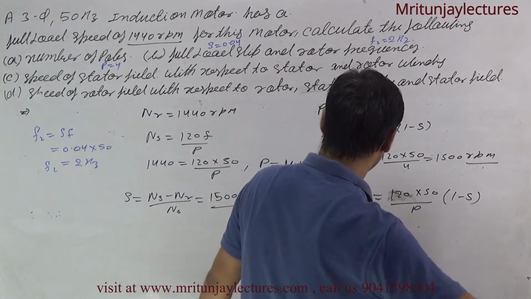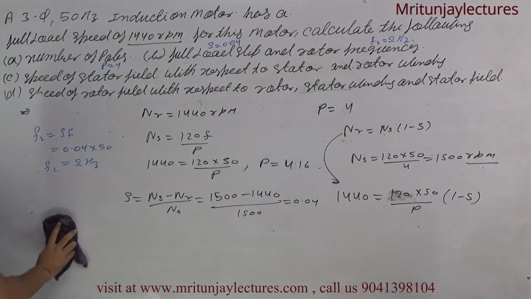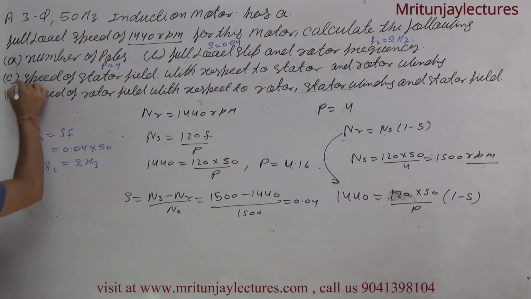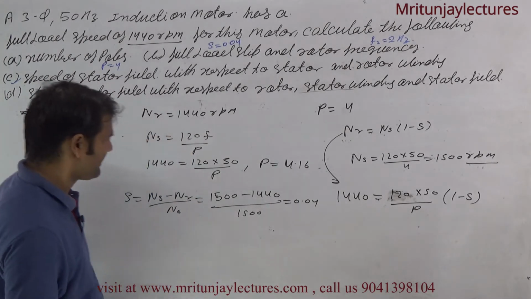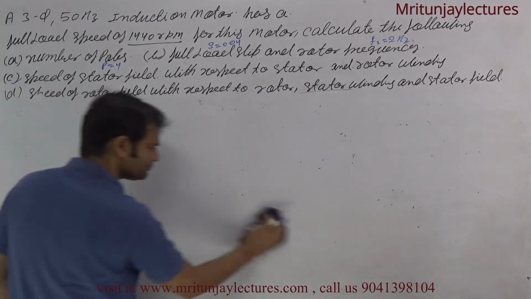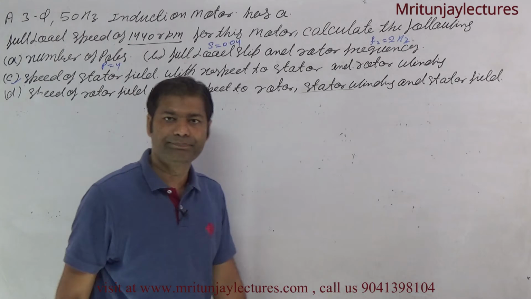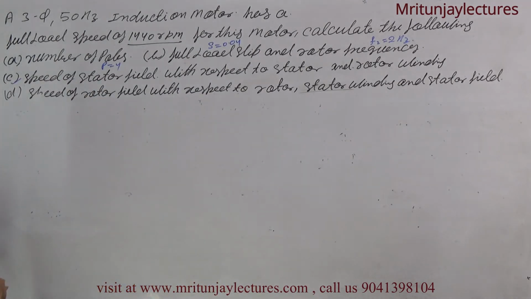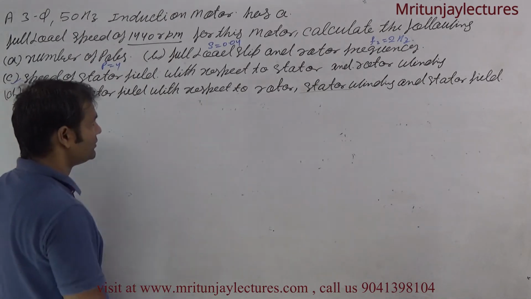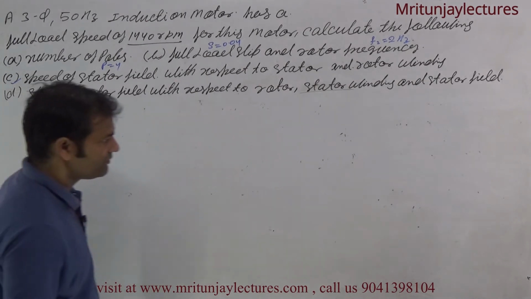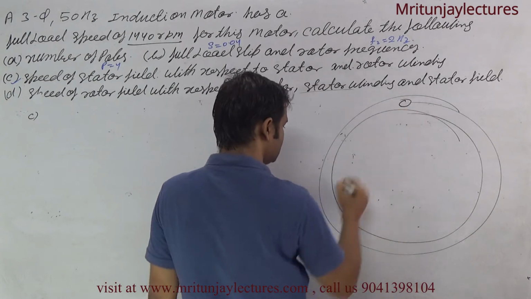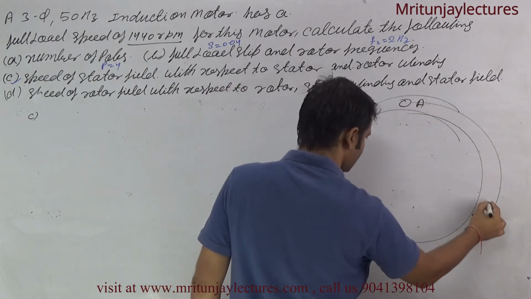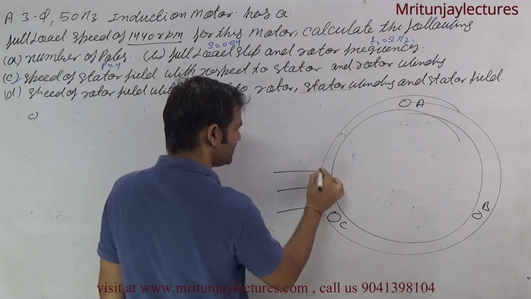Okay, now after that we have discussed the second part C, speed of stator field with respect to stator winding and rotor winding. Clear? This one clear? Now corresponding to C part, speed of stator field with respect to rotor. First of all make a 4 pole motor, that is A, B, C, 3-phase supply on the stator side.